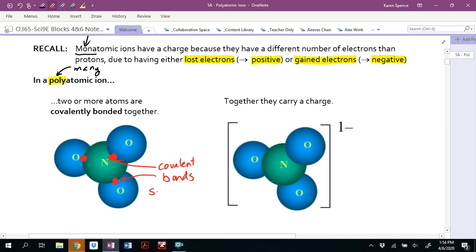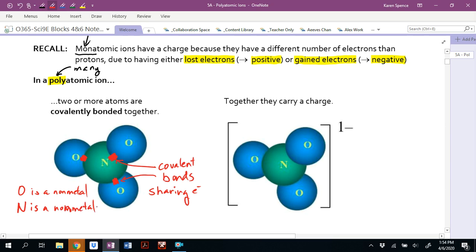They are sharing their electrons. The reason that we're getting a covalent bond there is that oxygen is a nonmetal and nitrogen is a nonmetal.